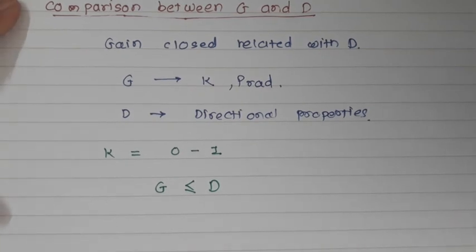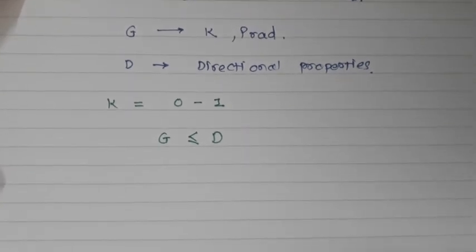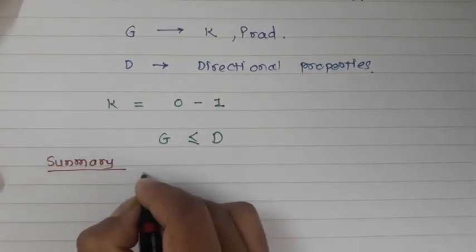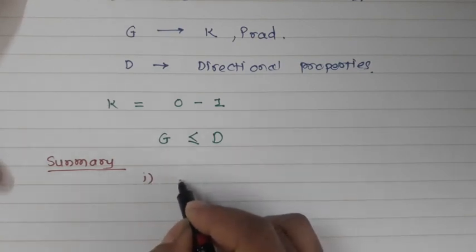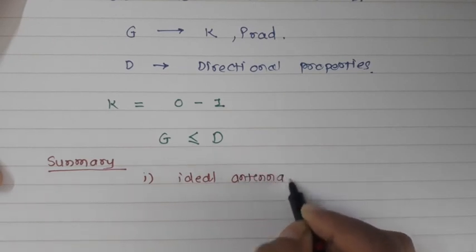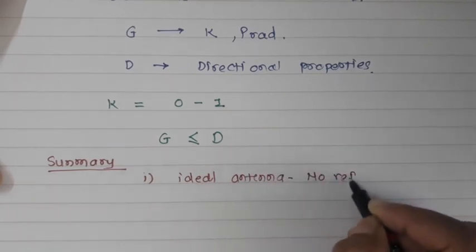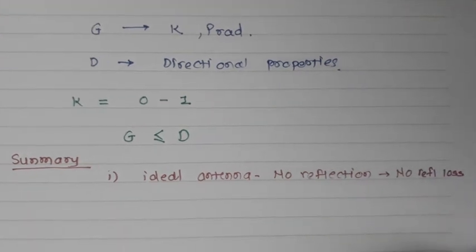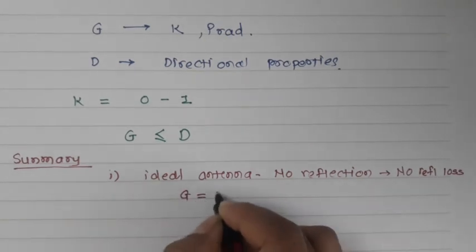Now let us summarize the comparison of these two things. First, suppose you have an ideal antenna. For an ideal antenna there will be no reflection loss, so you can write gain is equal to directivity.